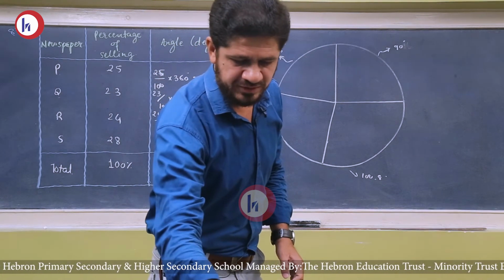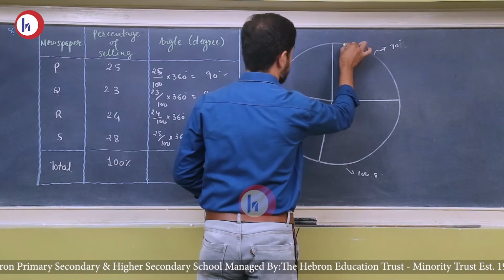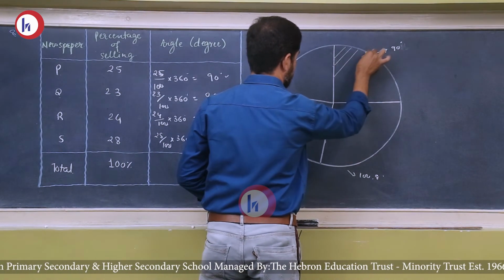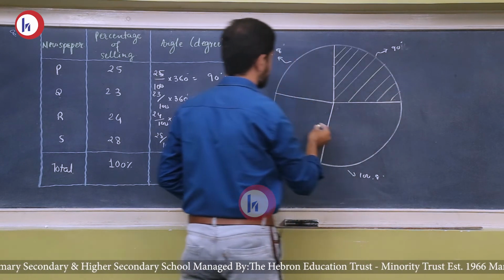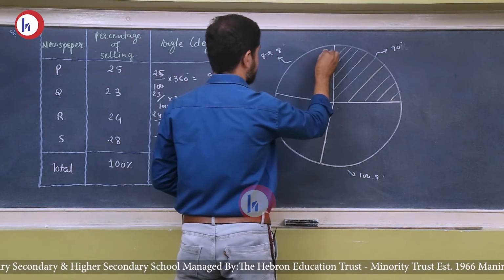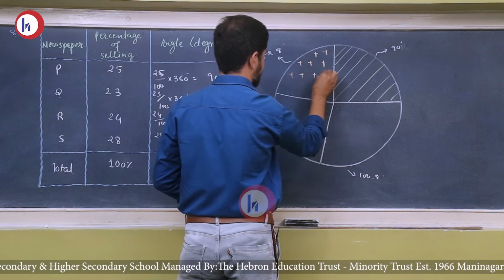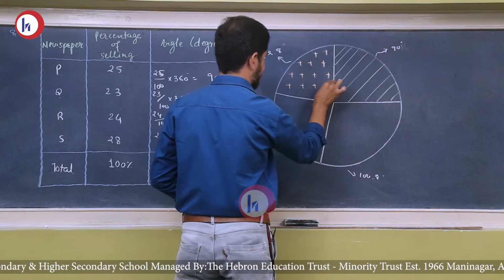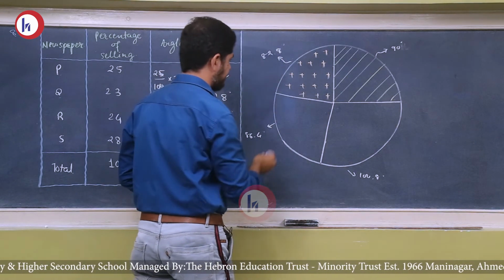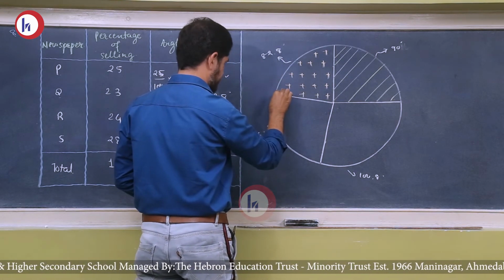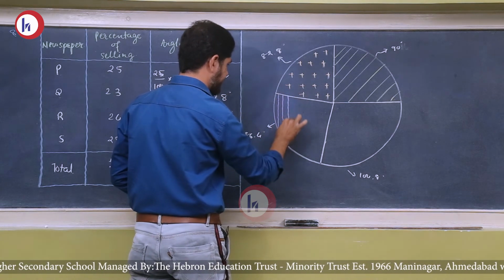Now to make it more decorative, we will use a different type of colors. For example, the cross lines. The next one, the plus sign. The next one, the horizontal lines, vertical line.